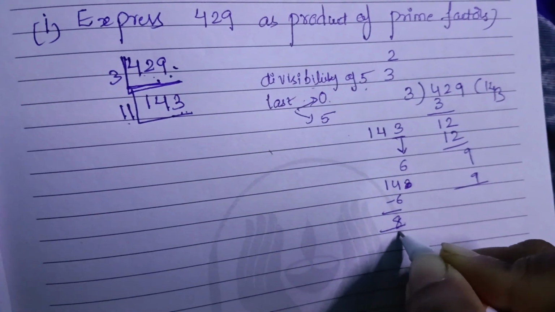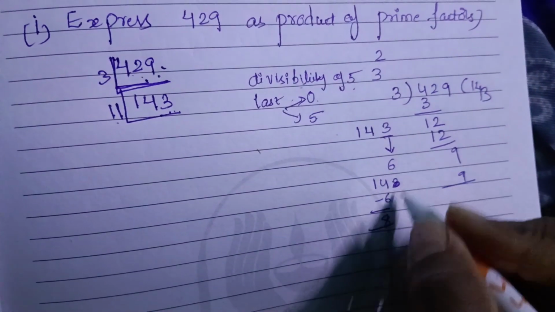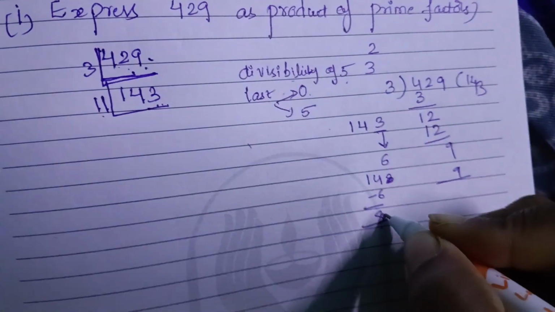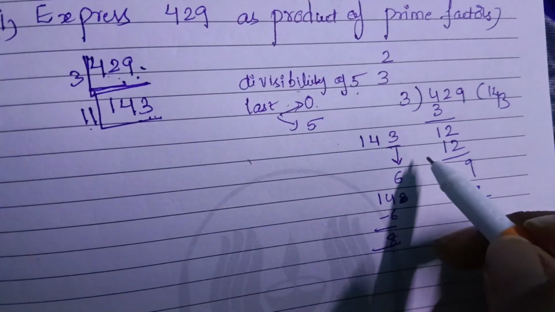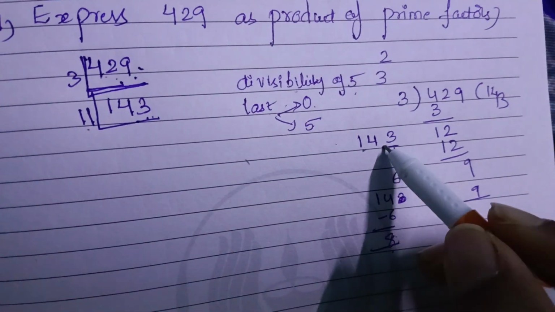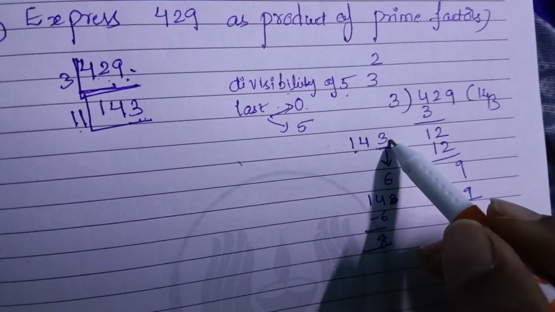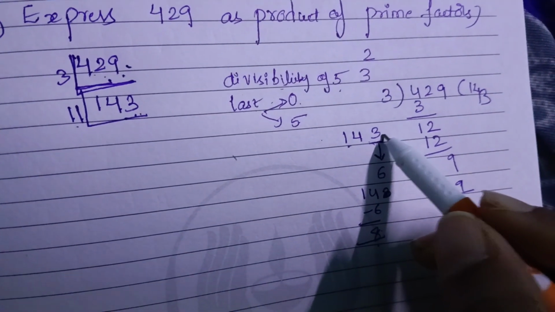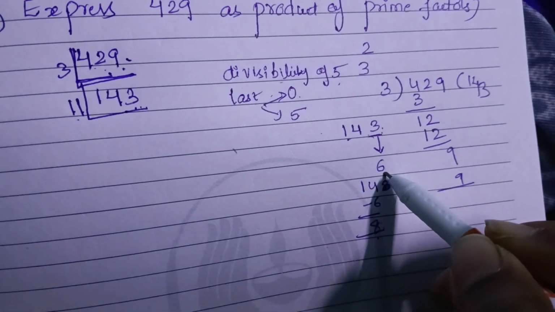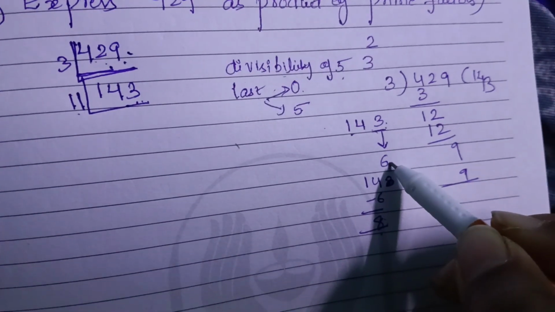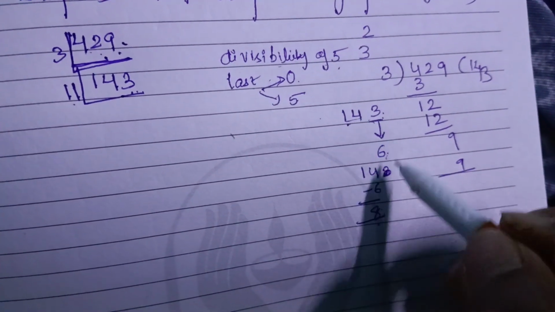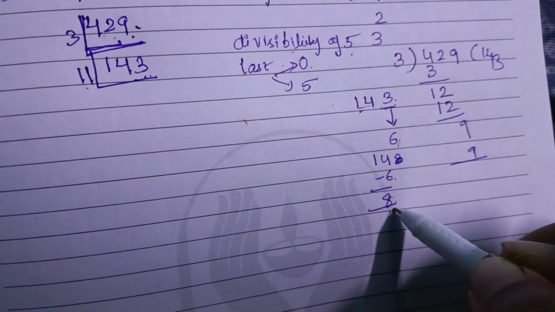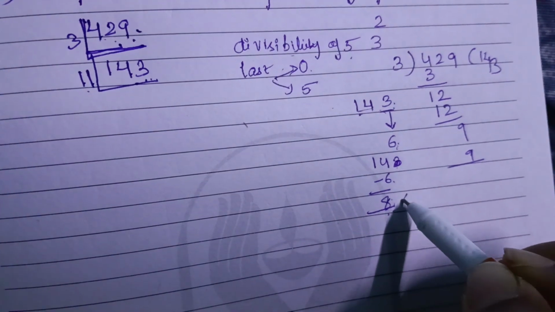Is it divisible by 7? No. So this whole number is not divisible by 7. I can explain again if you are getting confused.